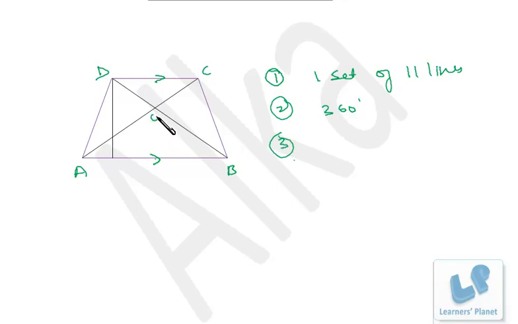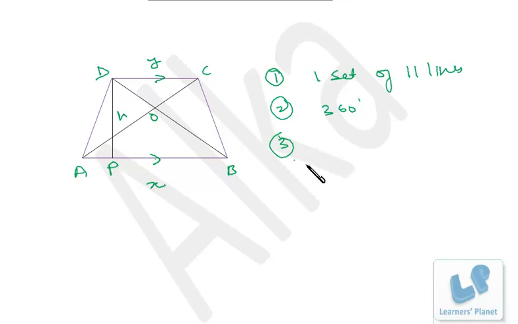Third, what is the area of this trapezium? I assume this height to be h, this length to be x, this length to be y. That means x and y here are the lengths of the parallel sides. Okay, and what will be the area? I assume this point to be P, right?